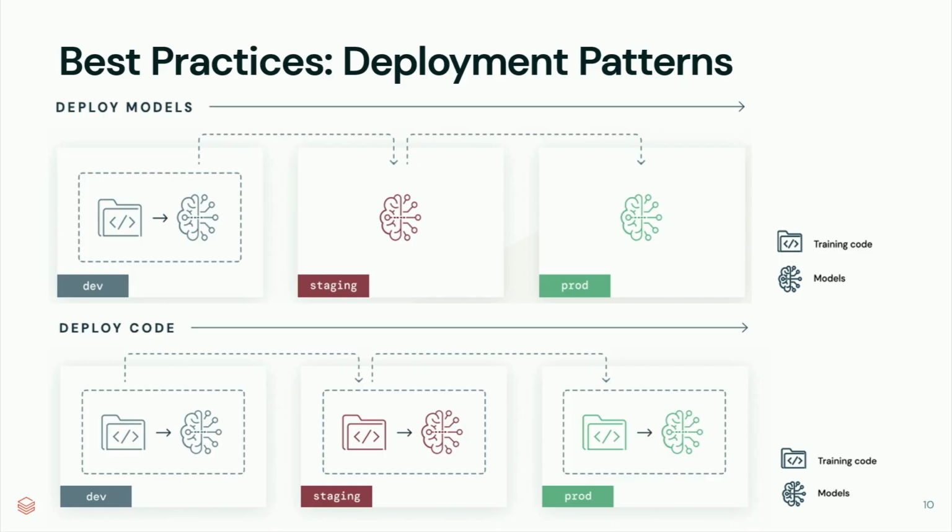So the deploy model approach is where, okay, I'm going to make it in dev, then I'll do some staging validation, and I'll improve the model using that, and then continue doing that in prod. As the prod data comes in, we'll continue to improve the model. Now, this poses a risk, because let's say something happens to this model, some weight goes bad or something. How do you roll back?